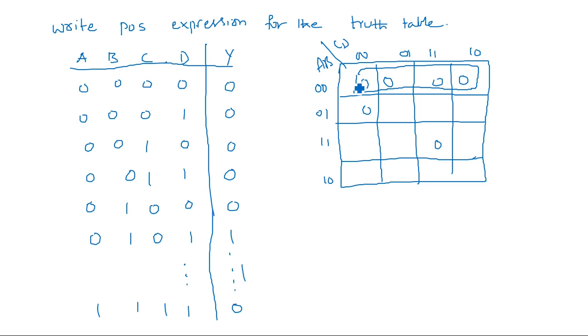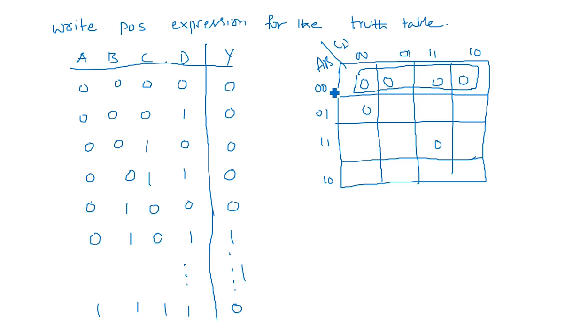In case of SOP, 2 ones, 4 ones, 8 ones, 16 ones, like that. Okay, so 4 zeros on horizontal side like CD, we cannot take any combination because all 4 are different combinations. If it is only for 2, then we can consider which is common between them, but as all four are different, we cannot consider.